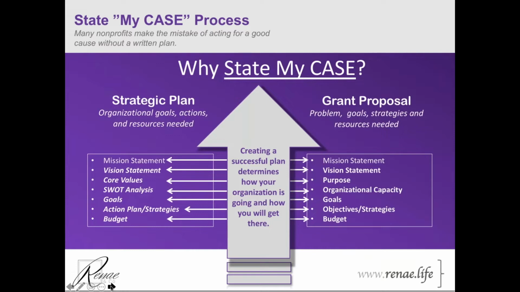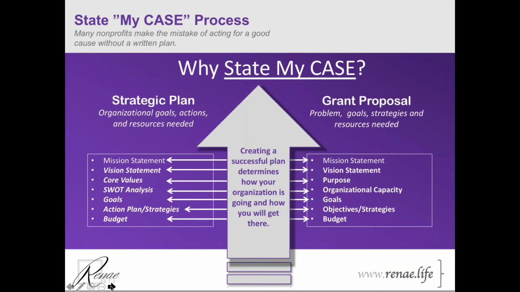and budget. Looking at the grant proposal, most funders are going to ask you for your mission statement, your vision statement. They will also want to know your purpose, organizational capacity, which is the strengths, weaknesses, and opportunities for growth for your organization, goals, objectives, and strategies, which is also similar to your action plan strategies, and your budget.